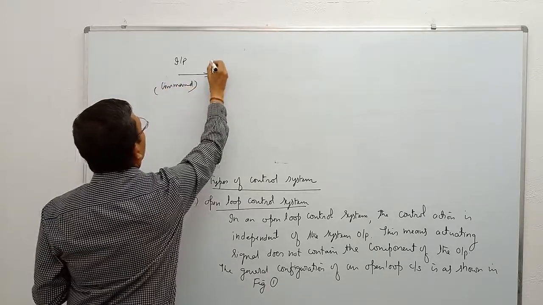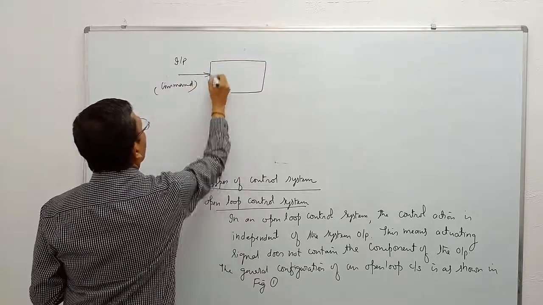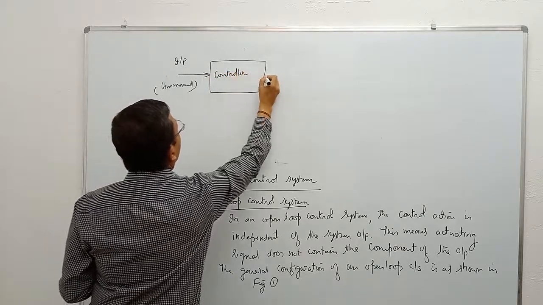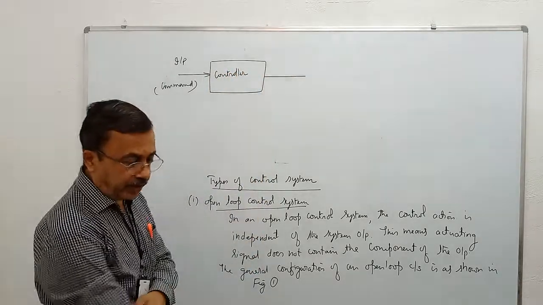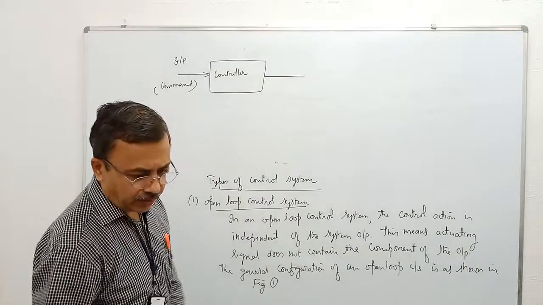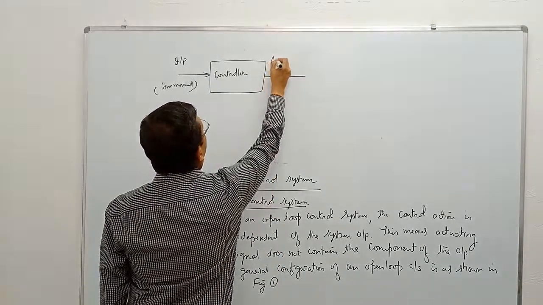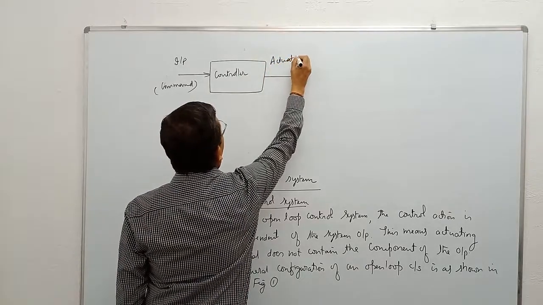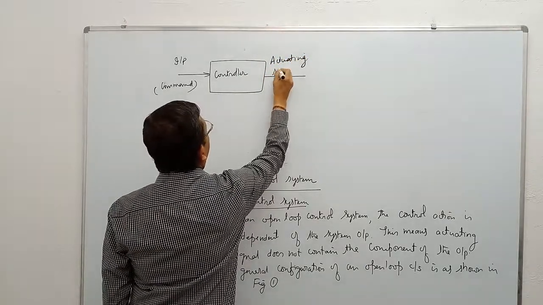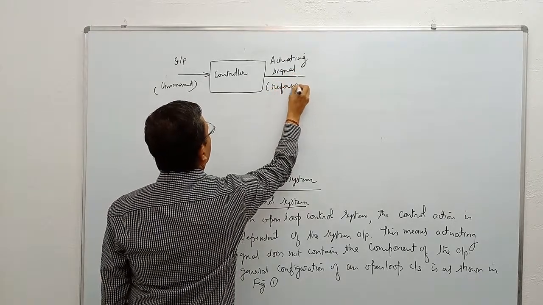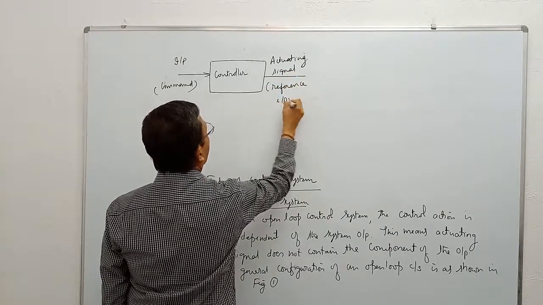This input is given to a controller, which produces the actuating signal. Actuating signal is also called reference input.